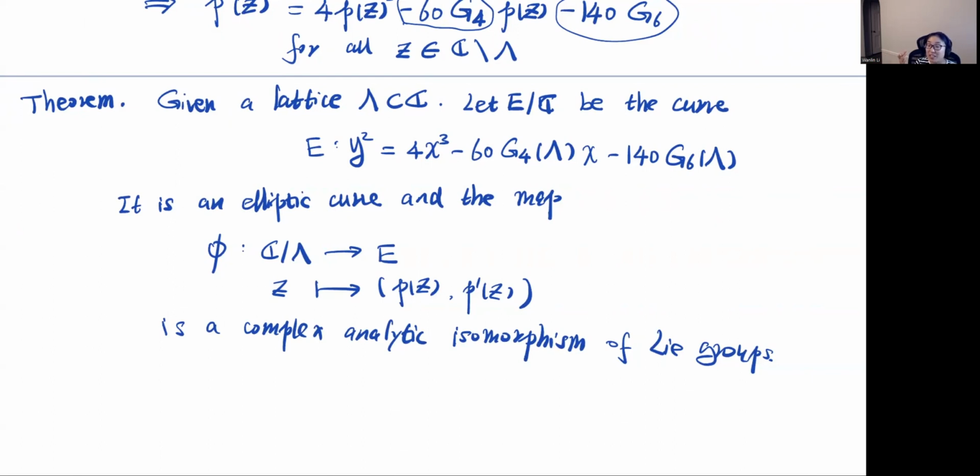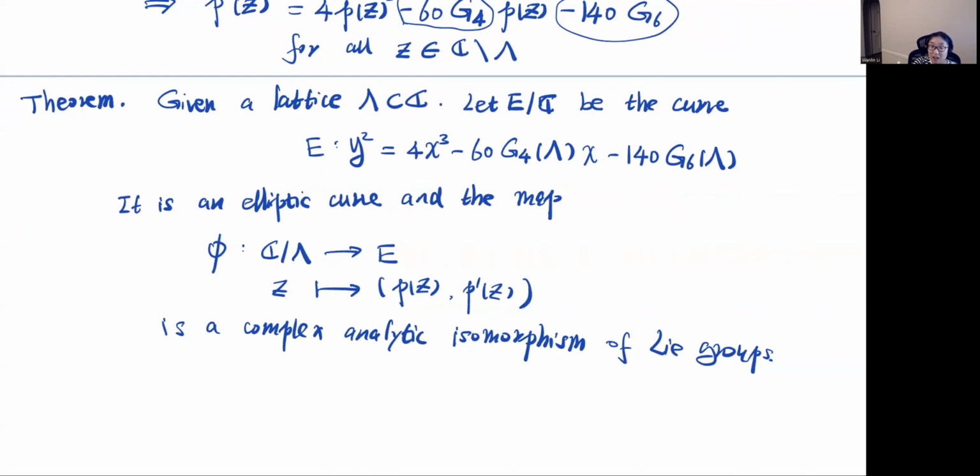Moreover, this gives you a way to very concretely see the addition law on the elliptic curve. If you think about this torus, C mod Λ, its addition law is inherited from the addition of complex numbers, and this is a complex Lie group.